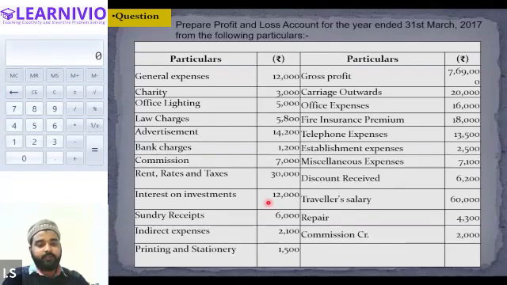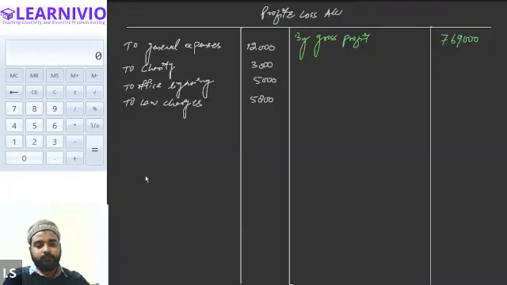Next is advertisement, 14,200. So 14,200 to advertisement. This is related to sales, basically a selling and distribution expense.